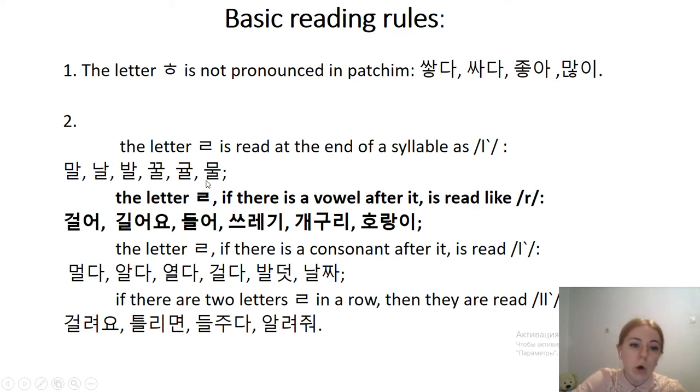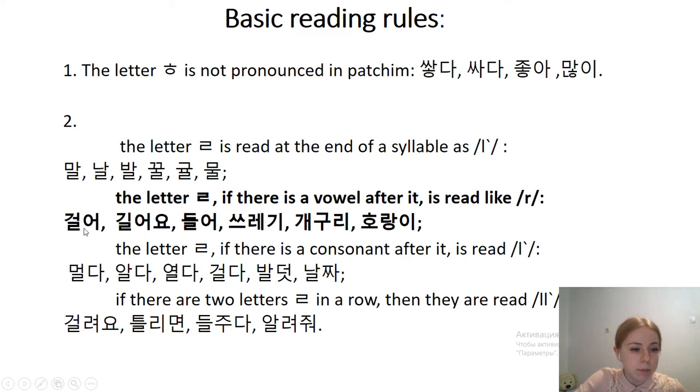So today we are going to differentiate where we read it like R, and in which cases we have to read it like L. We read it like the consonant sound R in only one case, when there is a vowel or diphthong after it. For example, 걸어, 길어요, 들어, 쓰레기, 개구리, 고라니.